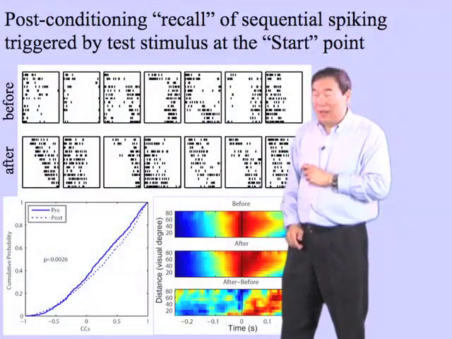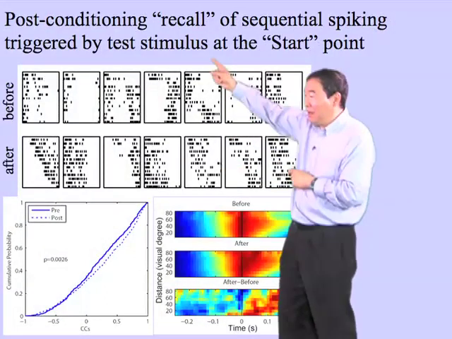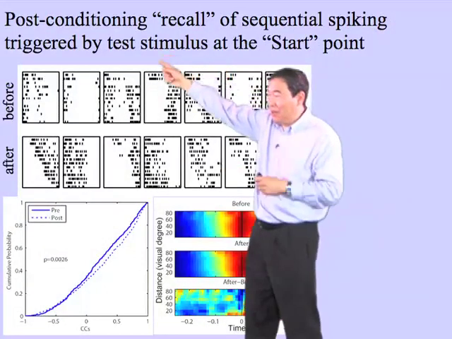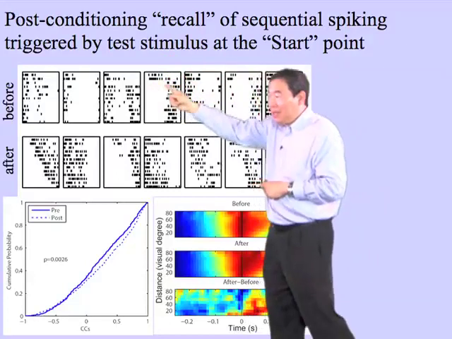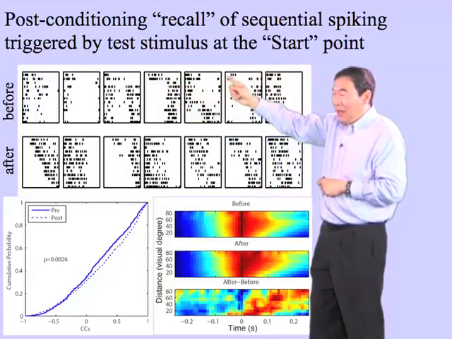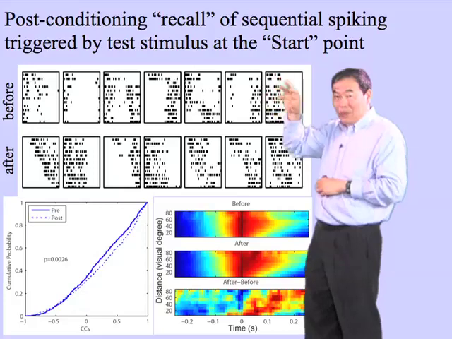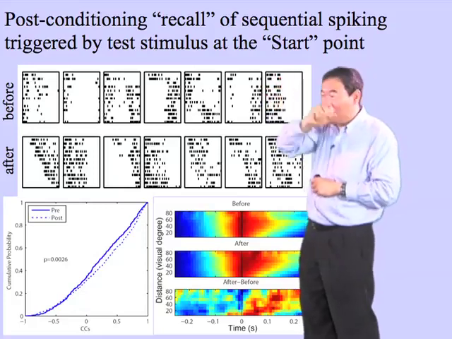So here is an example of recall after conditioning of the sequential spiking triggered by the test stimulus at the start point, right? We use a partial stimulus to see if we can trigger the sequence.